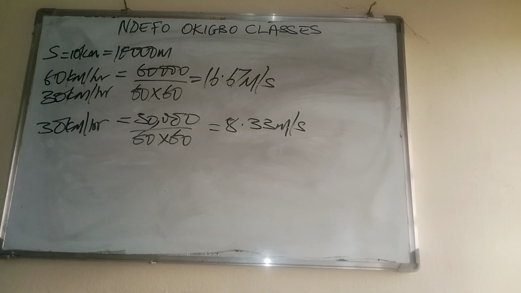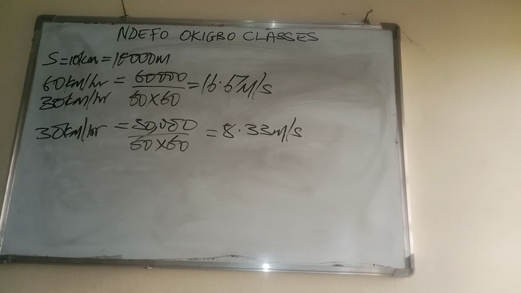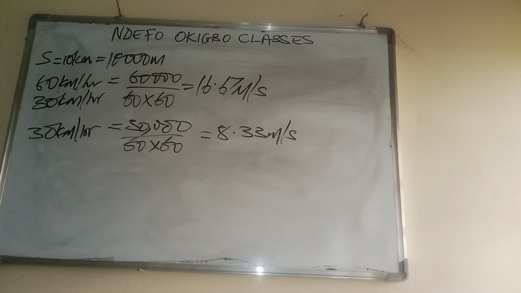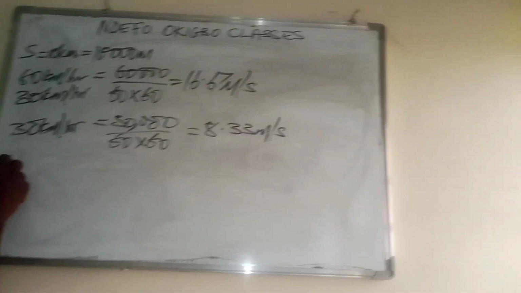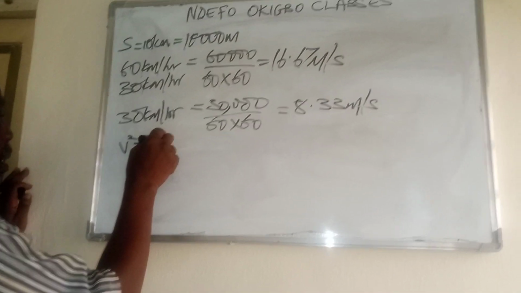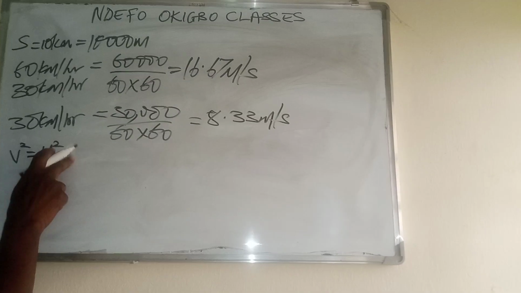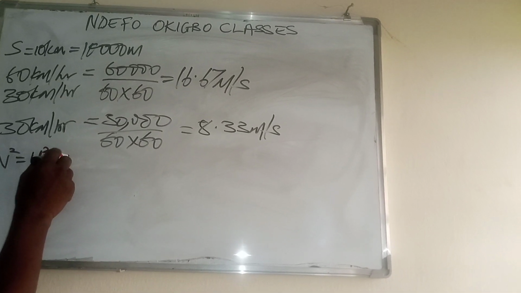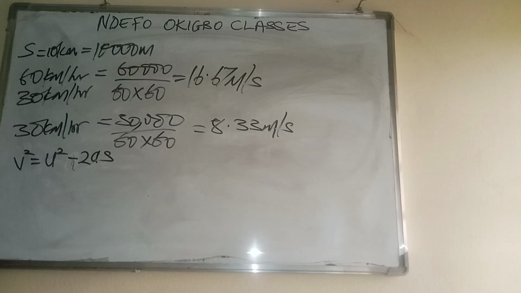Now to get the deceleration, I can use the third equation: V squared equals U squared plus, in this case minus, because it is deceleration, 2as.